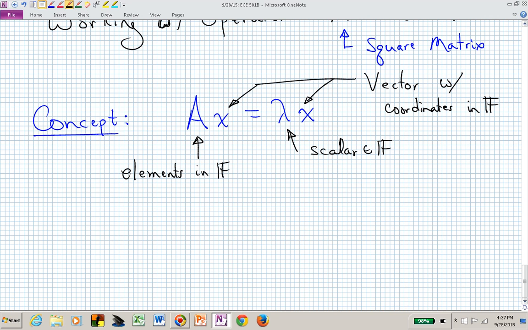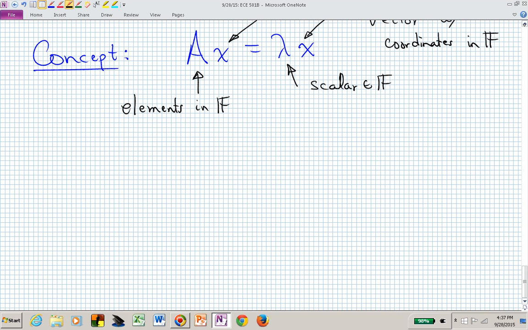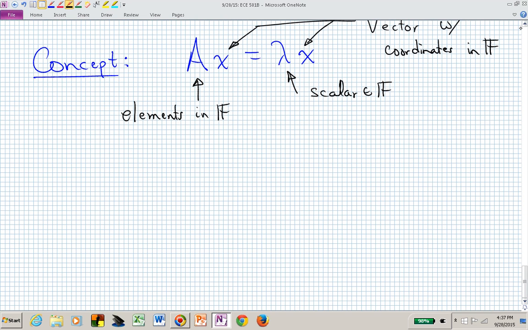And that relationship is what we will use to define our eigenvalues and eigenvectors.